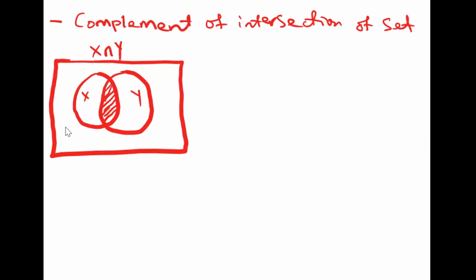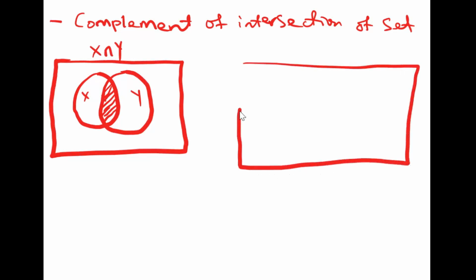Complement of intersection of sets. We as well explained that the X intersection Y is represented as this. For X intersection Y complement, we will represent it as this.